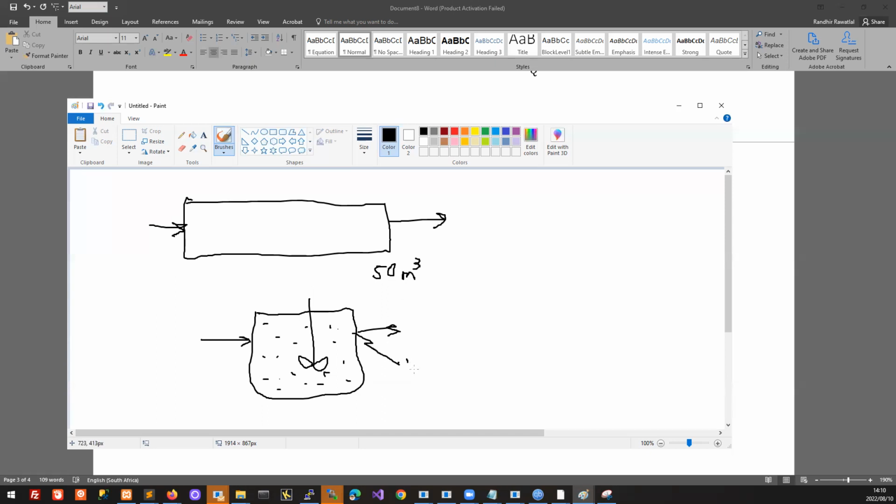So we know the exit conversion here is some value X, and we know that the concentration depends on the conversion. So the concentration equals the inlet amount, CA naught 1 minus X. So when X is large, CA is small.